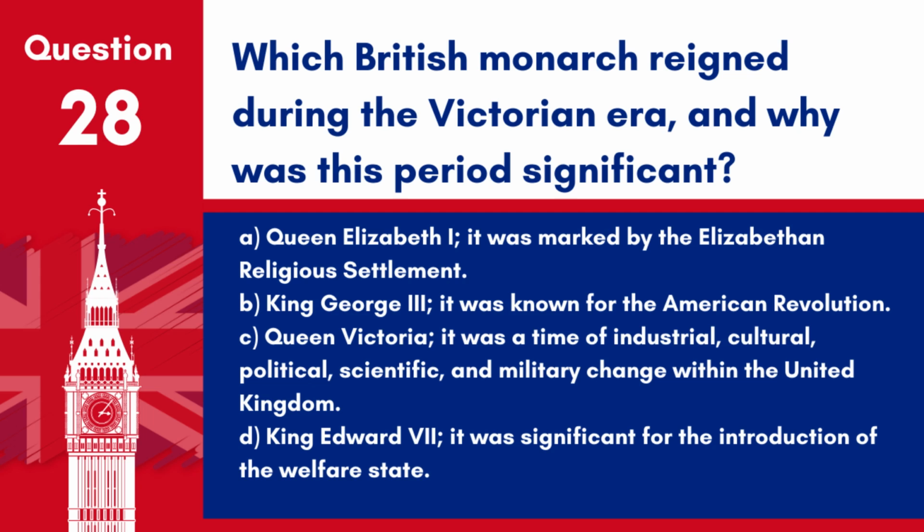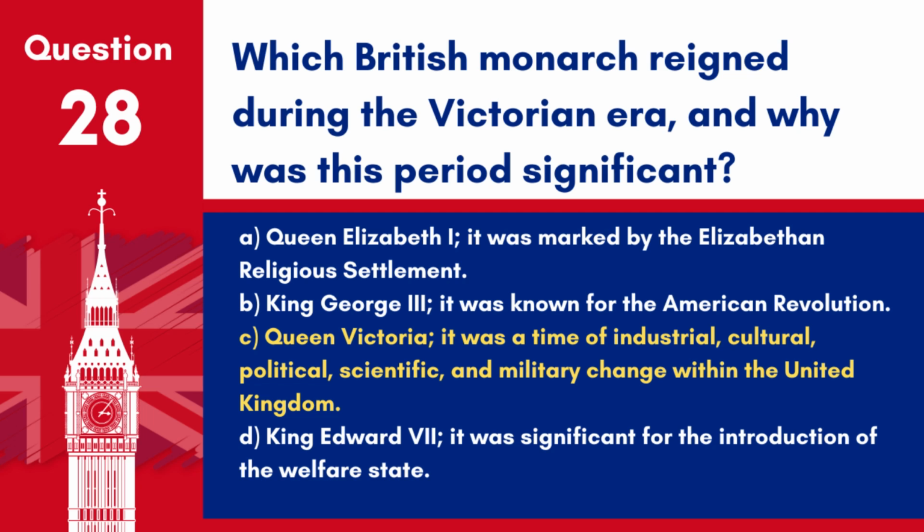It was a time of industrial, cultural, political, scientific, and military change within the United Kingdom. D. King Edward VII. It was significant for the introduction of the welfare state.